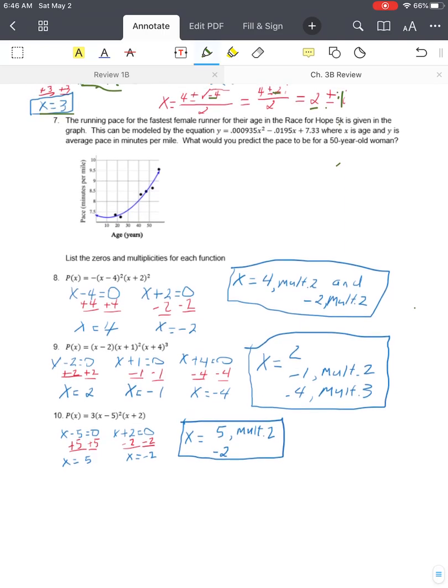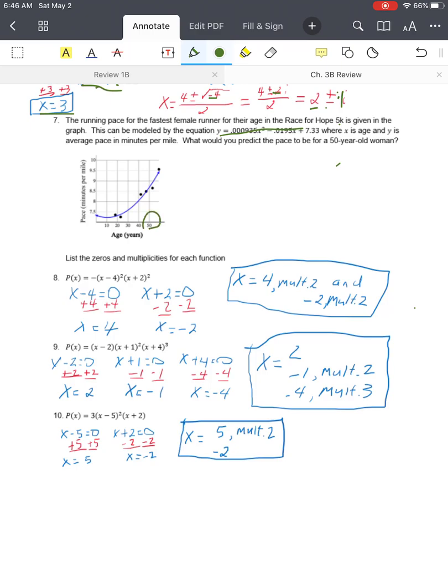Number 7. The running pace for the fastest female runner for their age in the race for Hope 5K is given in the graph. This can be modeled by this equation given, where x is age and y is average pace in minutes per mile. So what would you predict the pace to be for a 50-year-old woman? Well, just look at the graph. We don't have to worry about the equation.